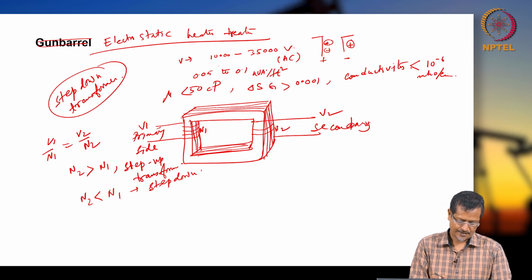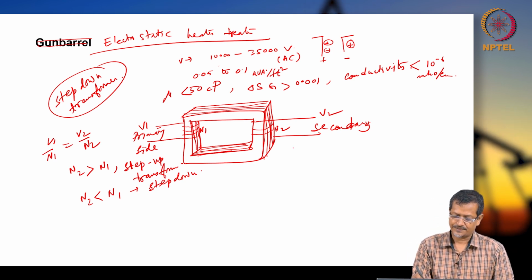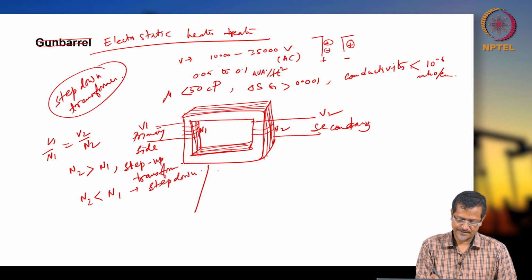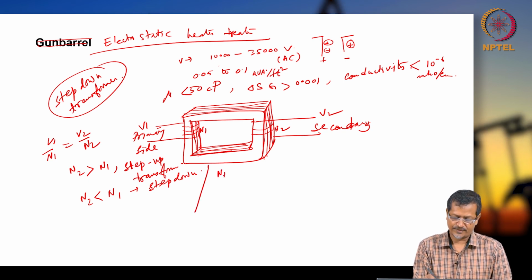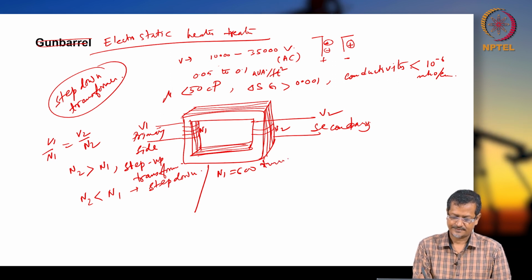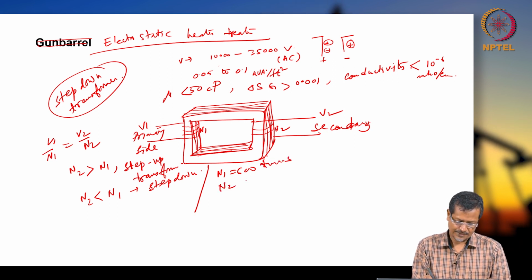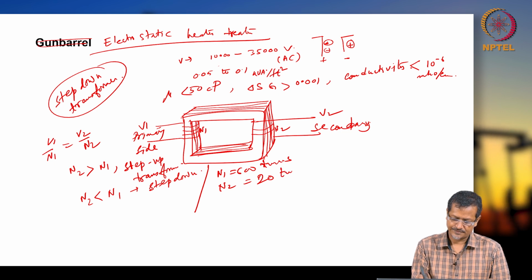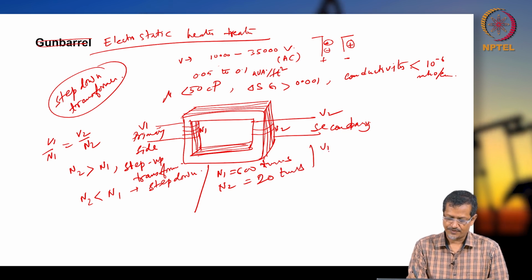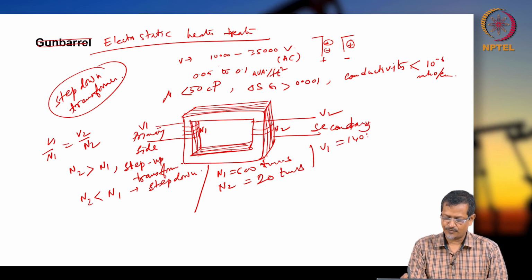Now let me give one problem. Let us say N1 equals 600 turns and N2 equals 20 turns, V1 equals 140 volt.